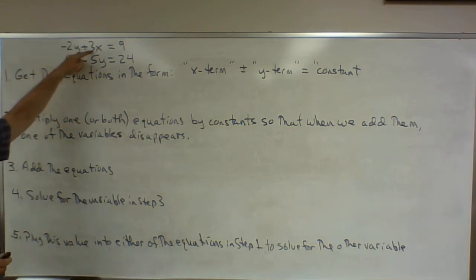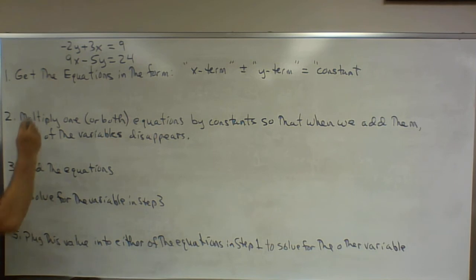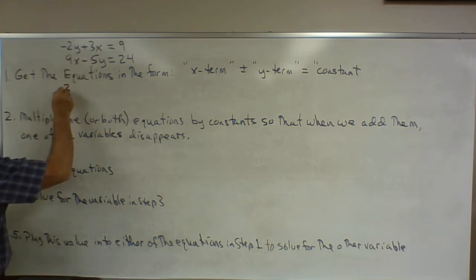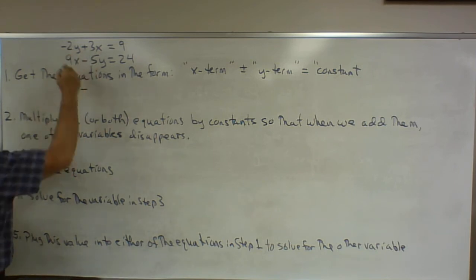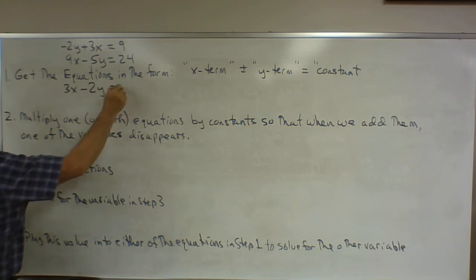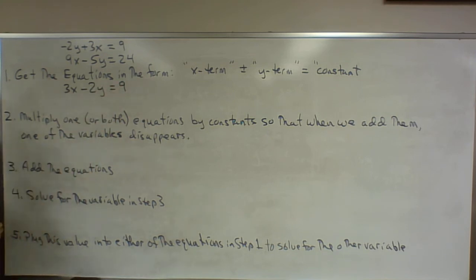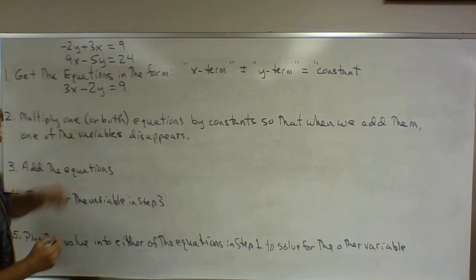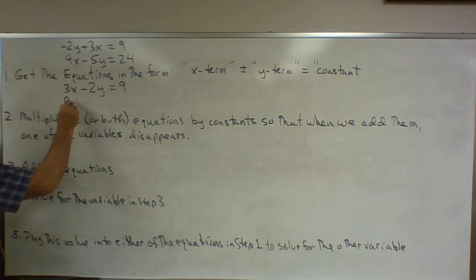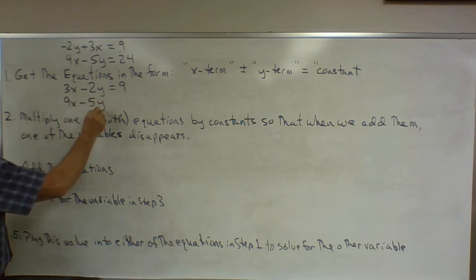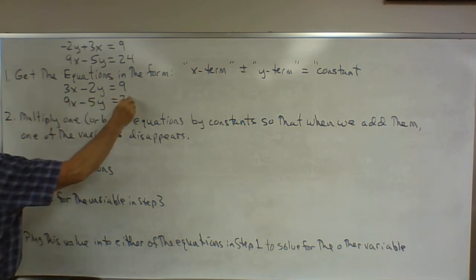We need to switch the x and y terms. So we'll put 3x first, minus 2y equals 9. This equation's good as it is. x first, y second, equals constant. 9x minus 5y is 24.